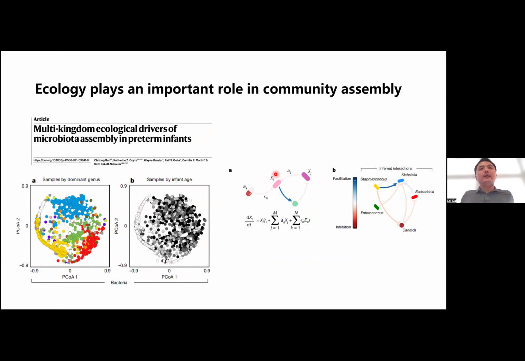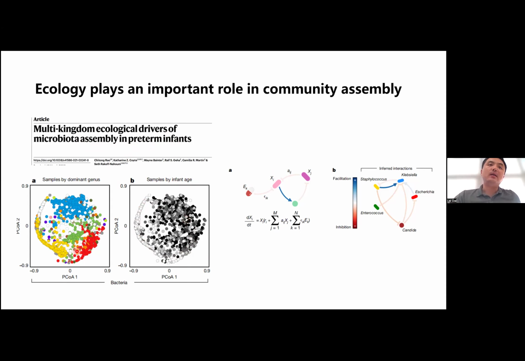As I said, ecology plays an important role in community assembly. Around the time that we published our paper, there was a Nature paper, also a very cool one, about multi-kingdom ecological drivers of microbiota assembly in preterm infants, where the color from white to black illustrates the trajectory of microbiome maturation within the first year of the infant.